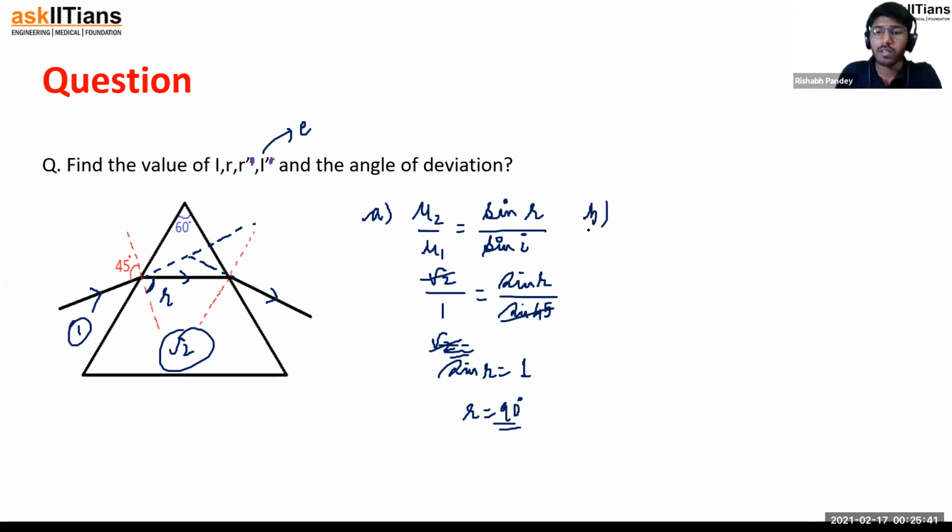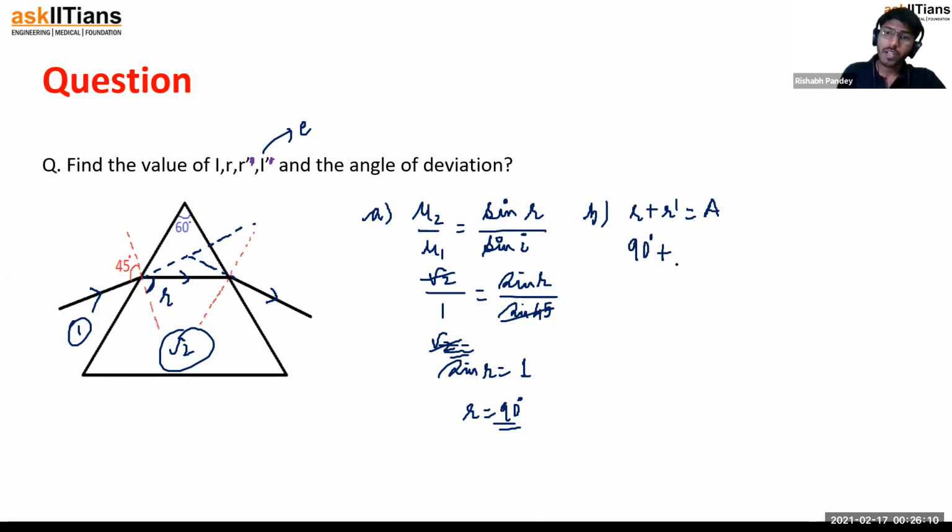If I proceed further, they have asked to find the angle r dash and i dash. If you look at the previous relation, r plus r dash is equal to A. What's r? 90 degrees.